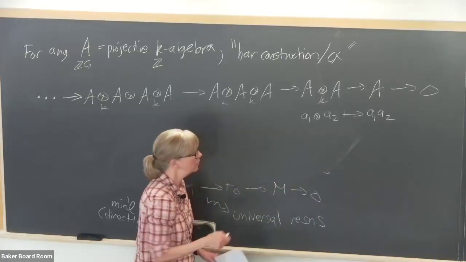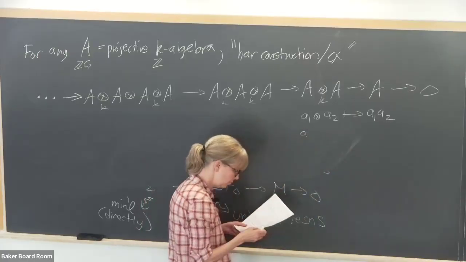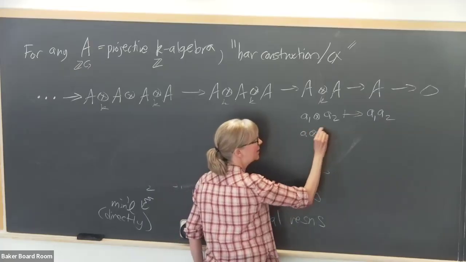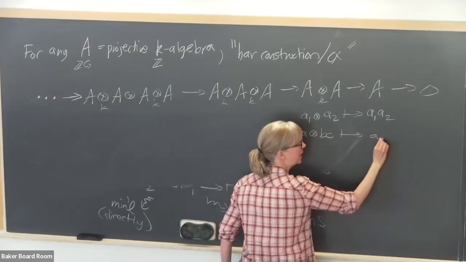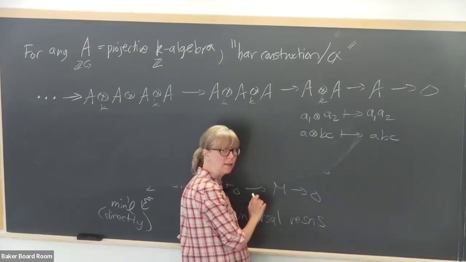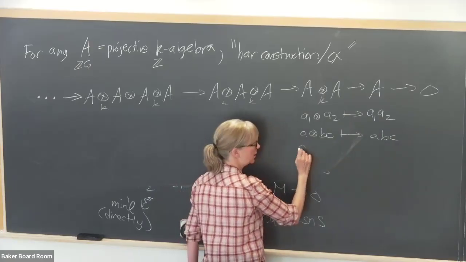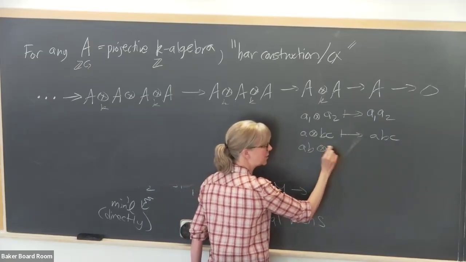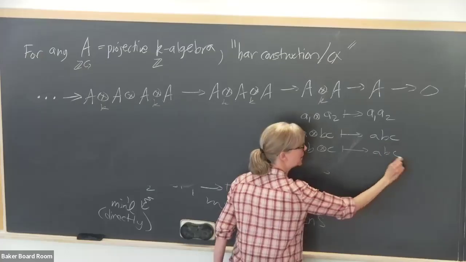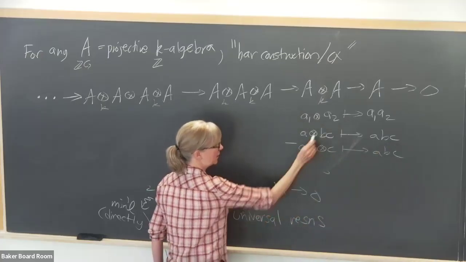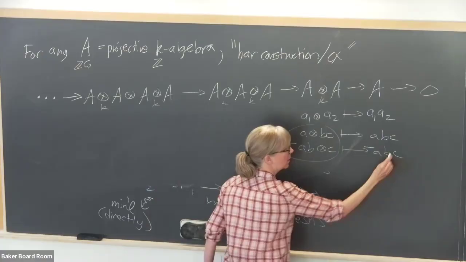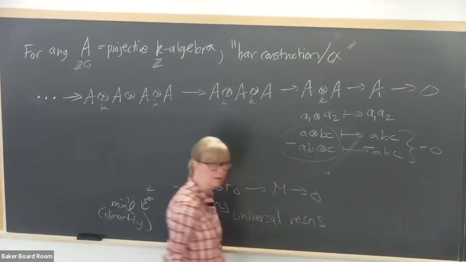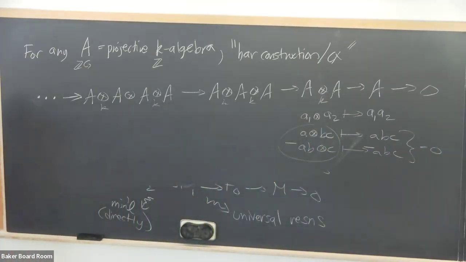So what's some stuff that goes to 0? Well, A tensor BC goes to ABC for any elements in the ring. And so does AB tensor C, that also goes to ABC. So if you subtract these, it goes to 0. And that's why?